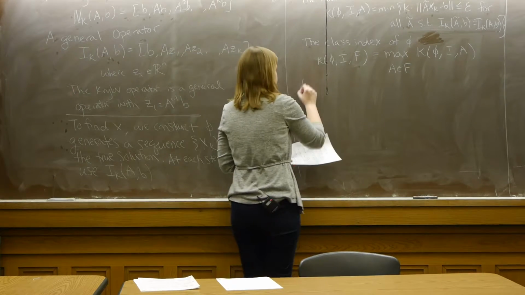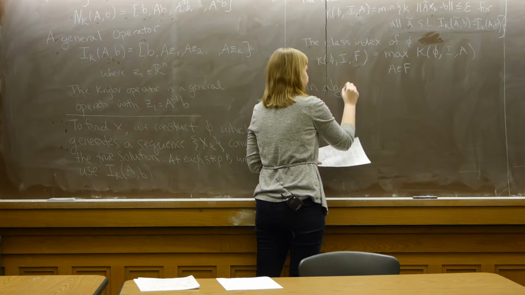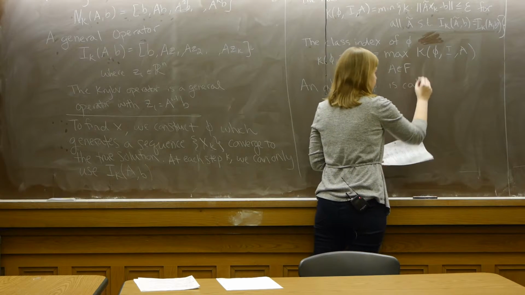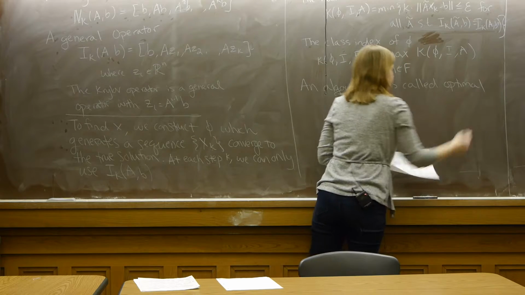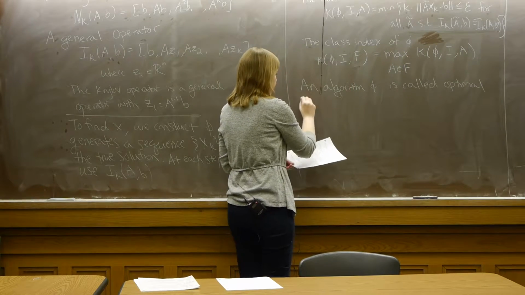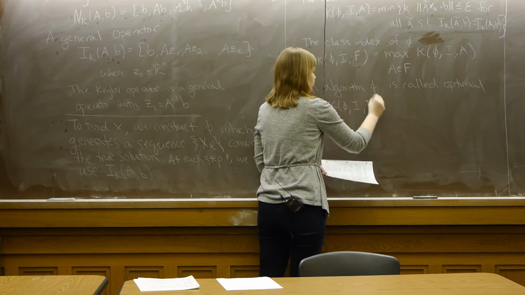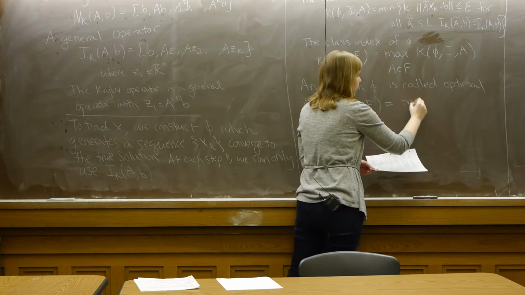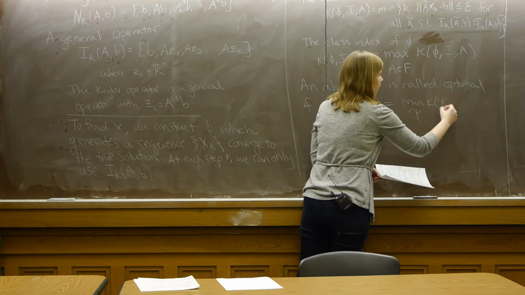All right, so finally we'll see the word optimal. An algorithm phi is called optimal if the class index for that algorithm is equal to the minimum class index over all algorithms.